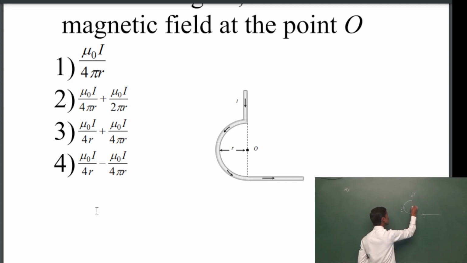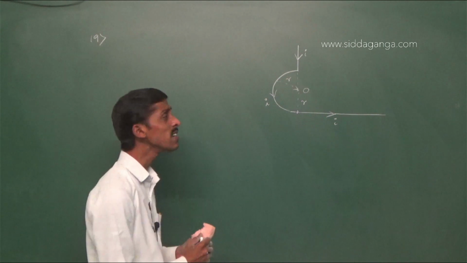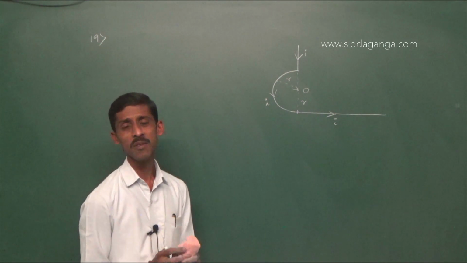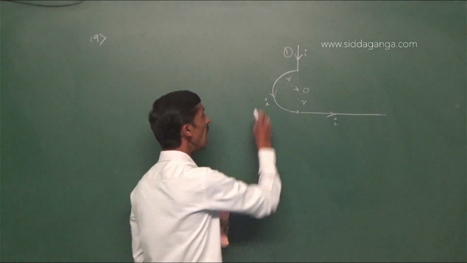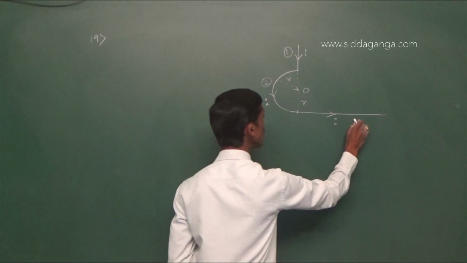The distance of this straight part will be r from the point O, whereas the radius of the semicircle will be r. Quite similar to the previous one, you split the configuration into different parts. This one is 1, this is second and this is third.